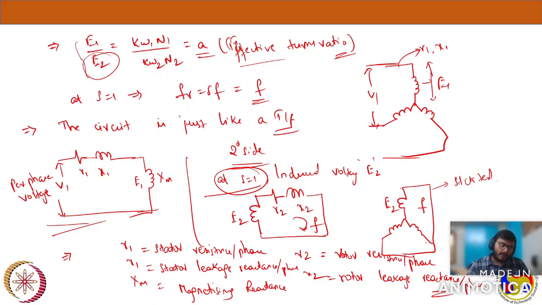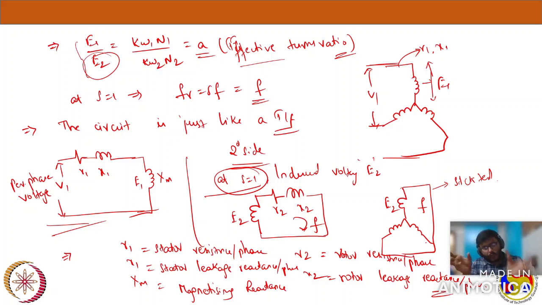Now we have two circuits: the primary side equivalent circuit and the secondary side equivalent circuit, and we want to combine them. I have the rotor side and the stator side.